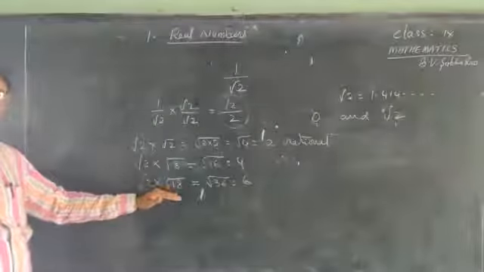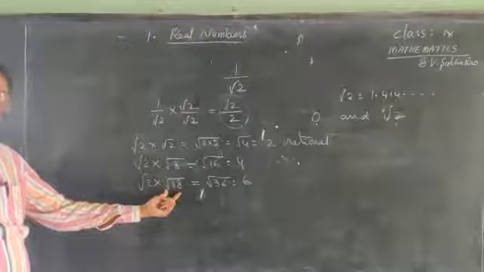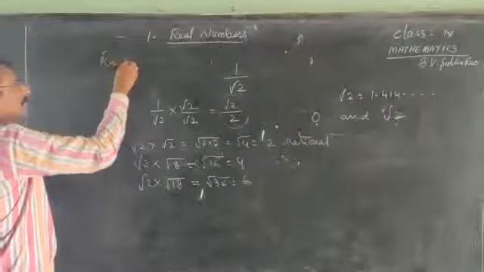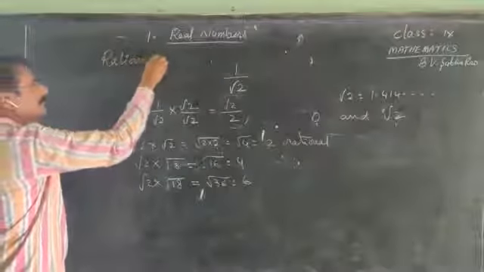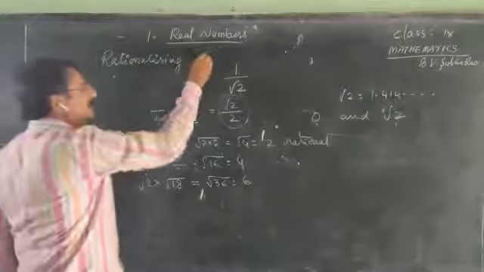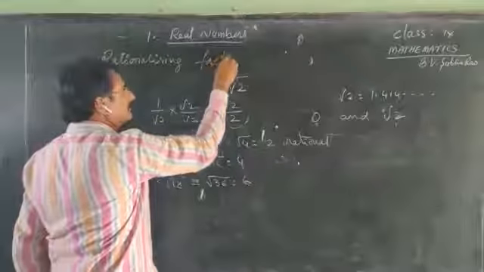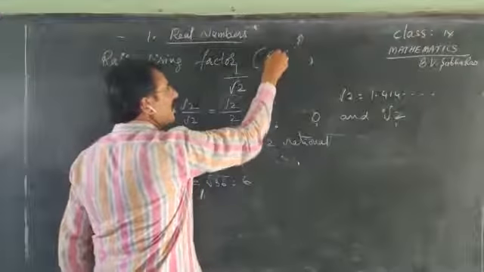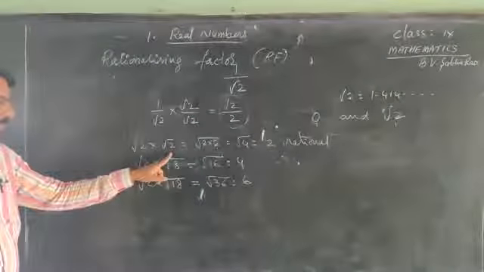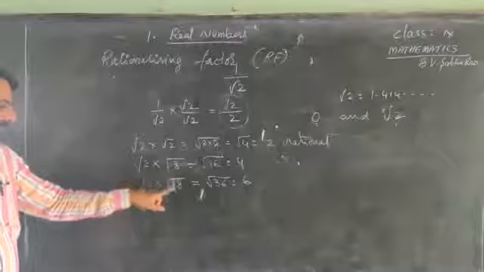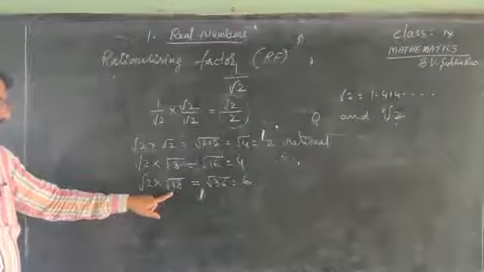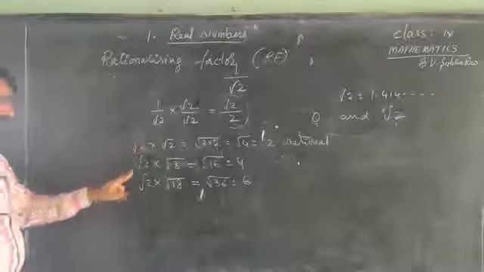We can say root 18 is also a rationalizing factor, RF. These, root 2, root 8, root 18, are the rationalizing factors of root 2.